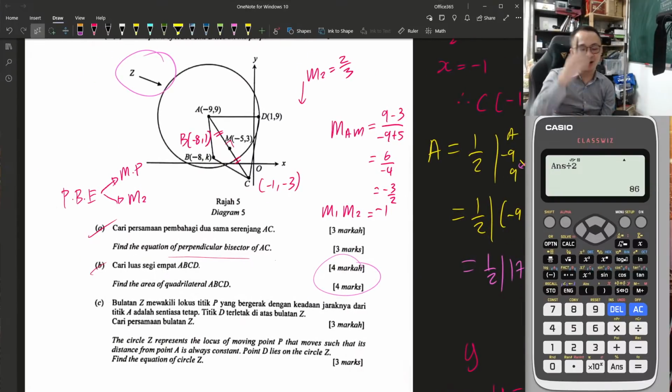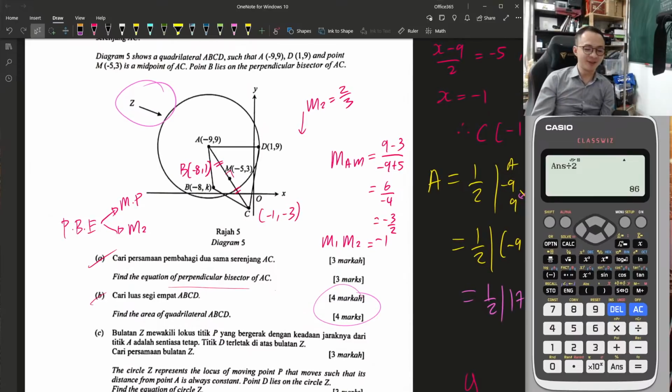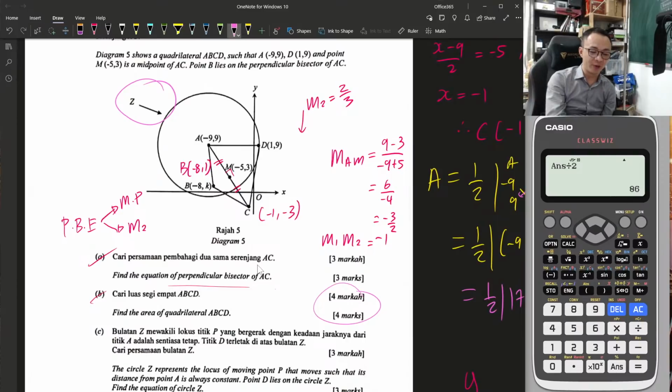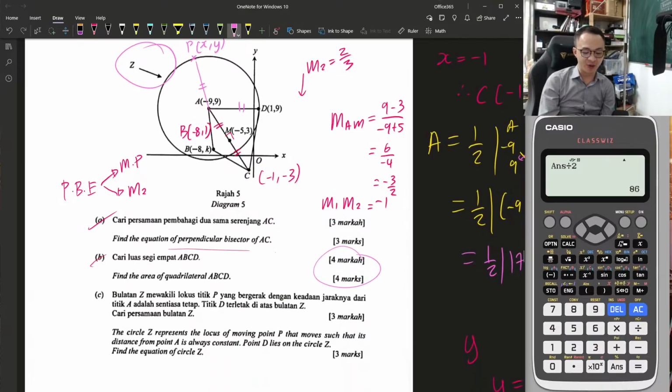Since this doesn't require learning the equation of the circle, we will just use the locus. P is somewhere on the circle. It can be any point on the circumference, that doesn't matter. But the distance from A to P must always be the same as the distance from A to D, right? This is what the question says: P moves such that its distance from A is always constant.